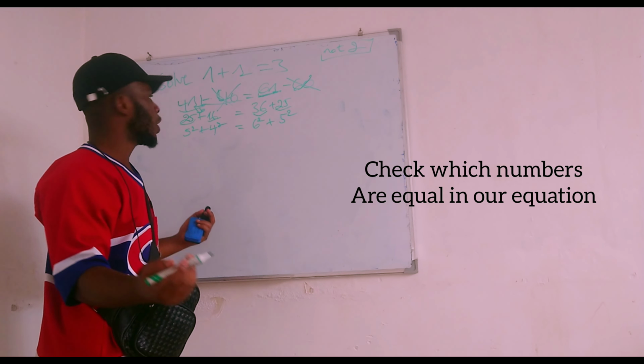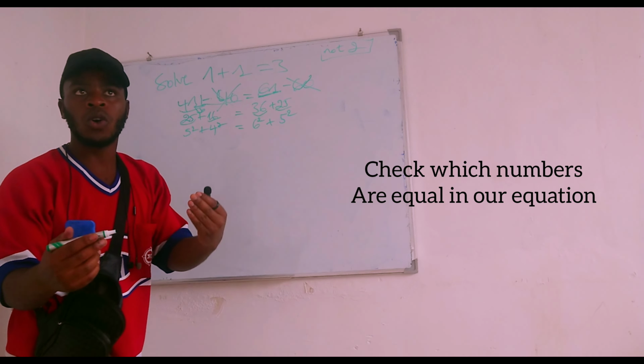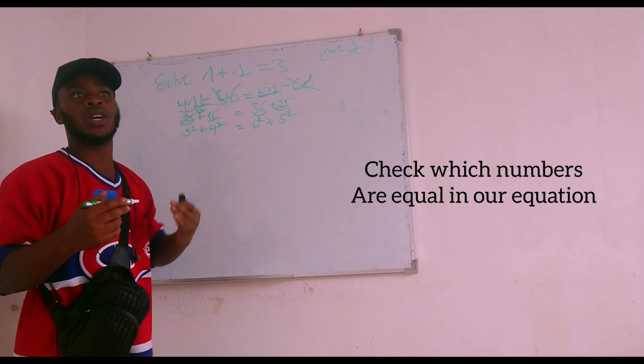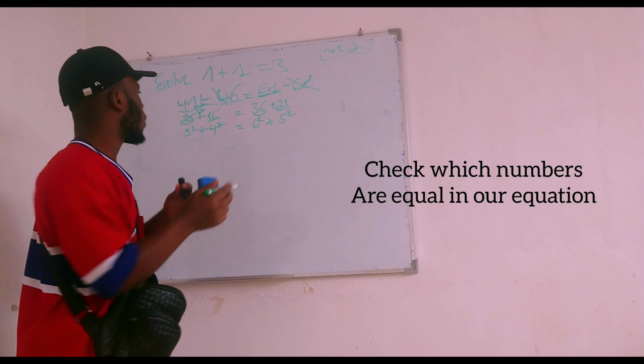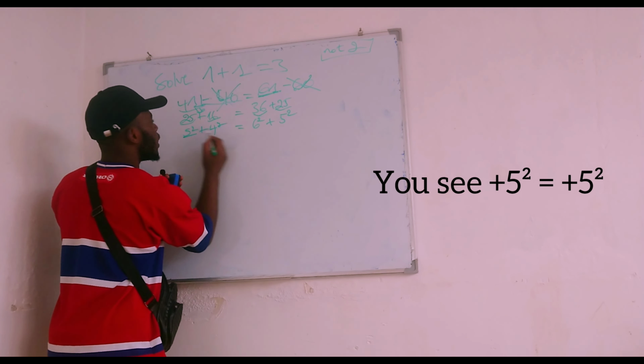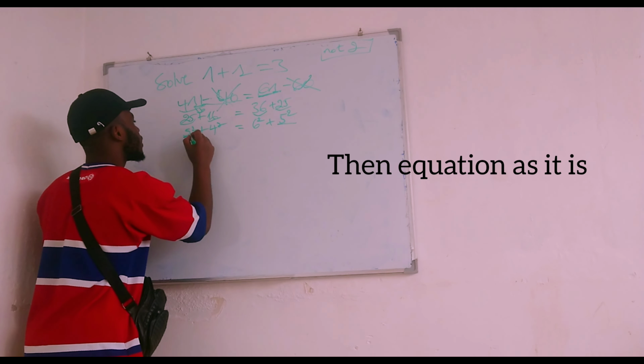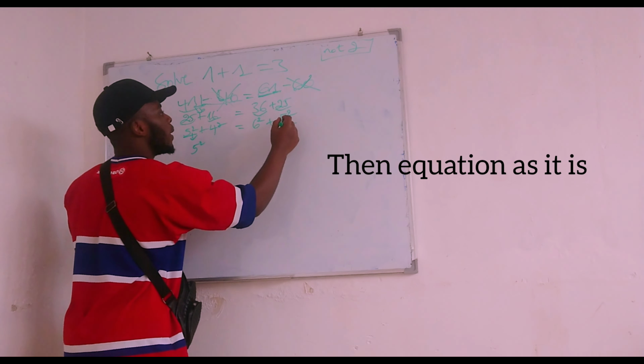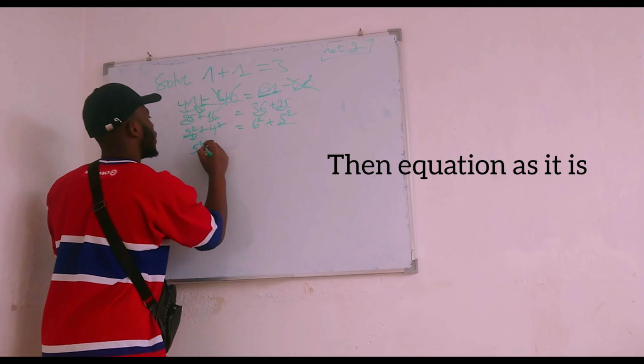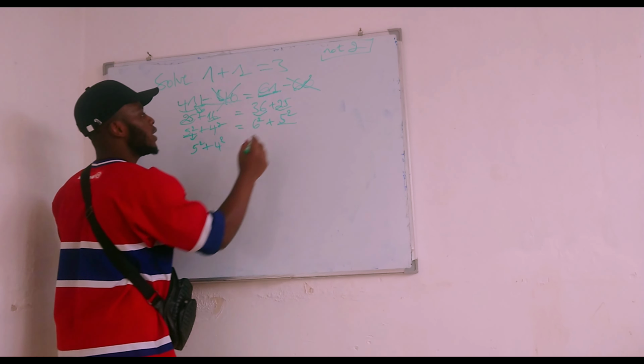Then we're going to check which numbers are equal here in our equation. You see, this is equal to this, and we're going to take this 5 squared, and this unknown plus 4 squared.